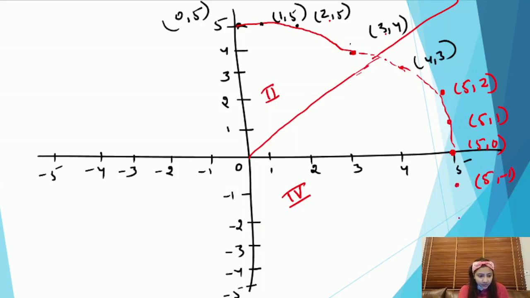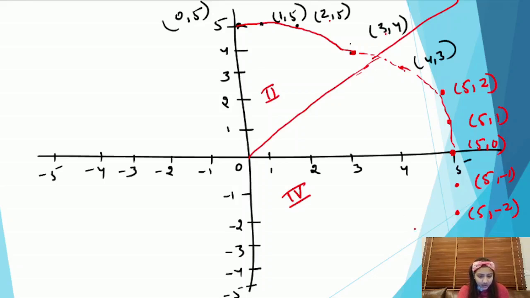Then what will the point (5, 2) become in this fourth quadrant? This will be (5, -2). What will the point (4, 3) become? The point (4, 3) will become (4, -3), which is here.